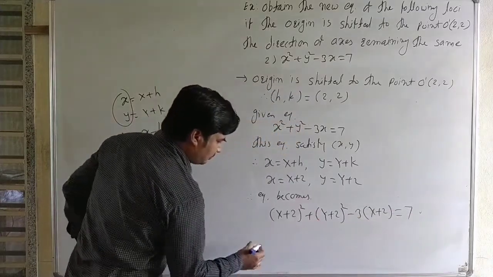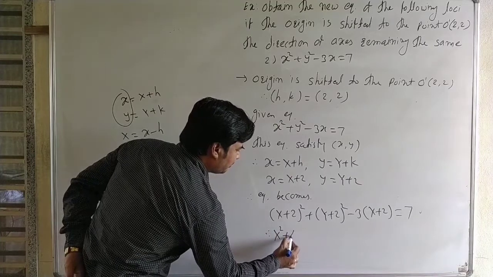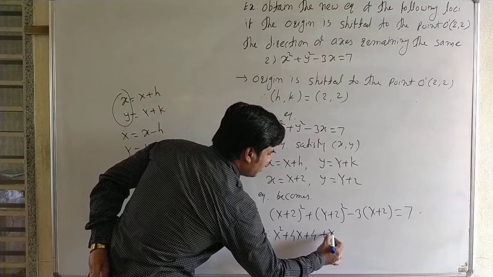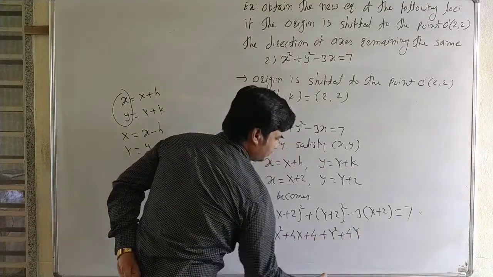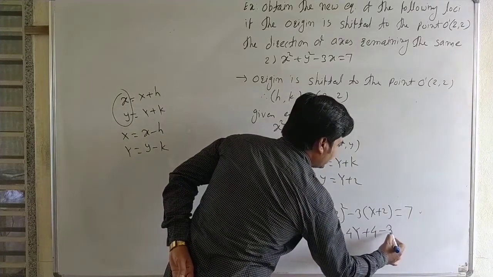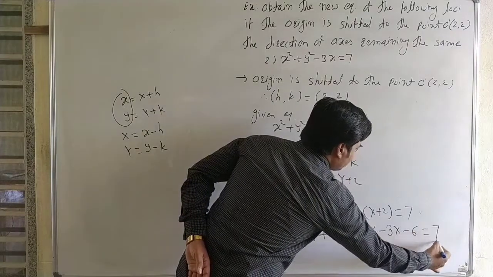Okay, now expand. Therefore it is X square plus 4X plus 4 plus Y square plus 4Y plus 4 minus 3X minus 6 is equal to 7.